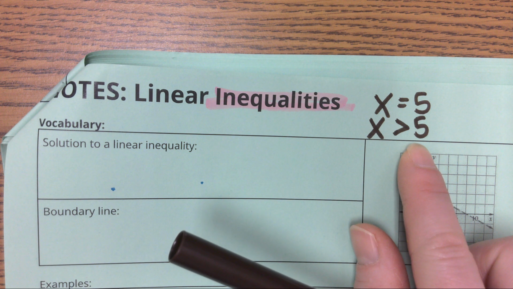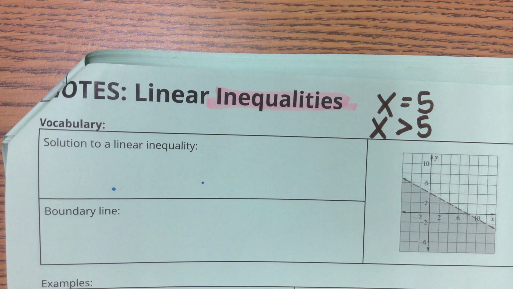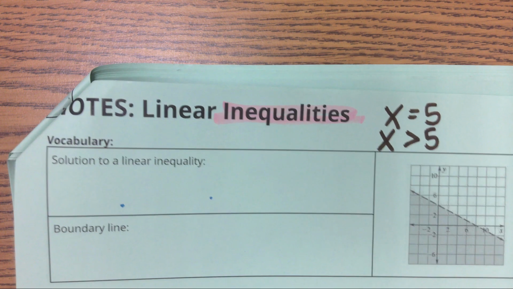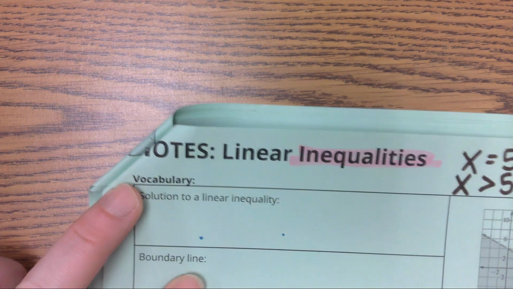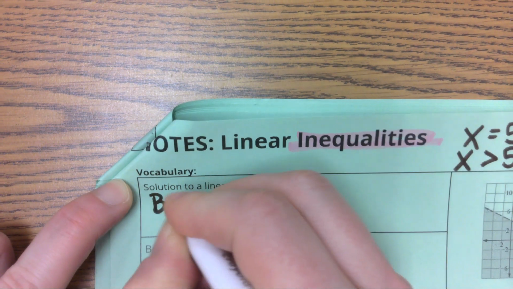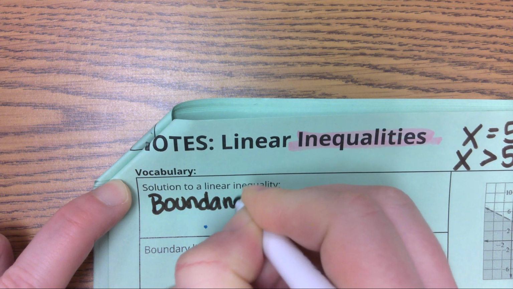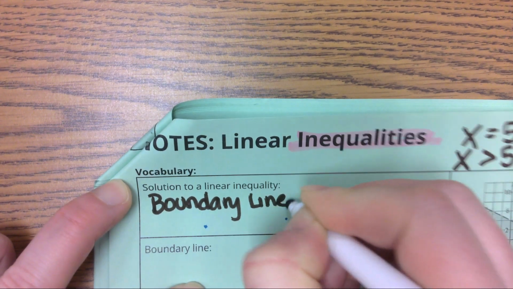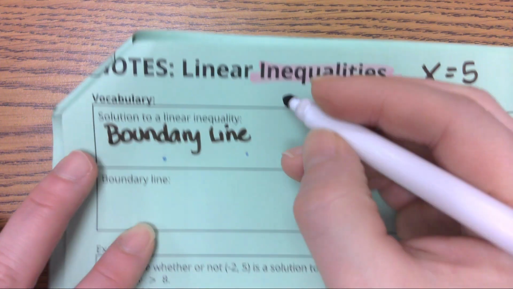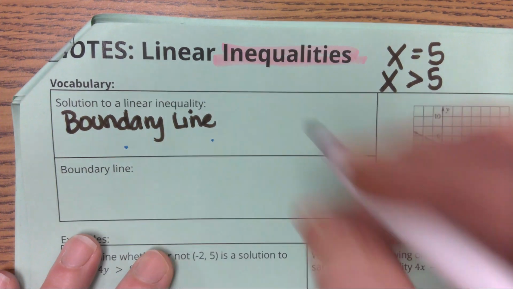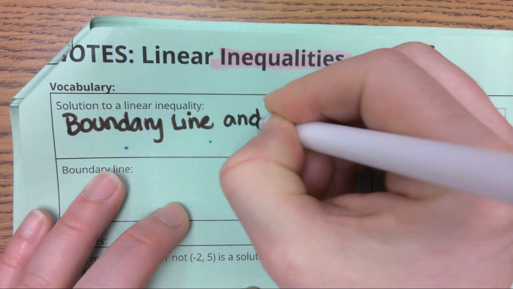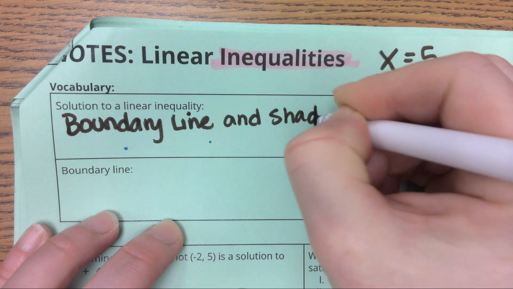So a linear inequality is kind of the same deal. It's not just a line, it's going to be a region, okay? So what I'm going to tell you today is when we solve these things, you're not going to get a number. You're going to get a boundary line and shaded region.